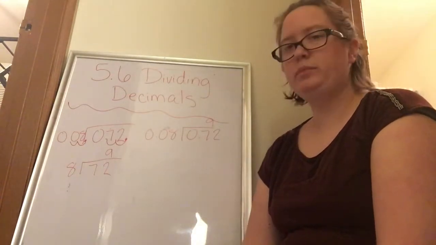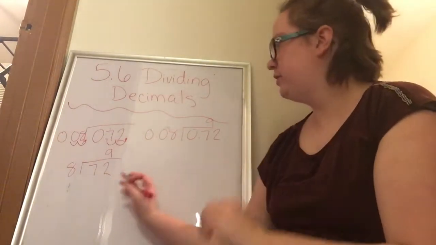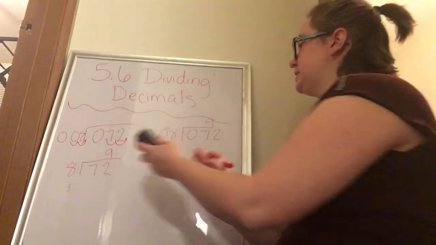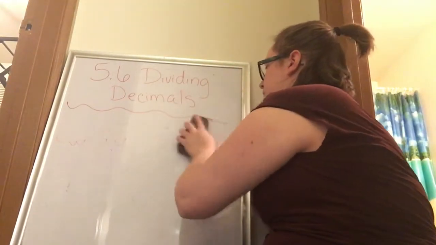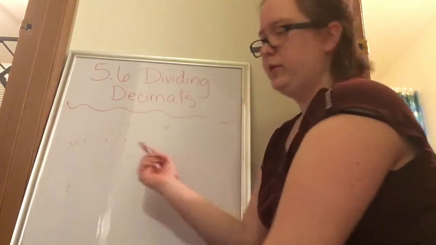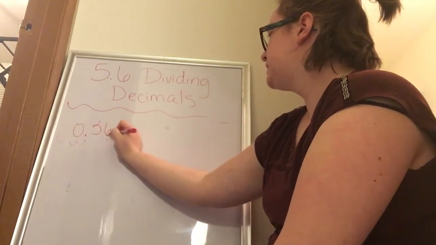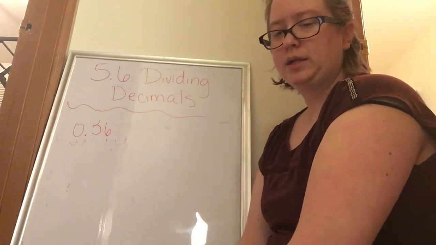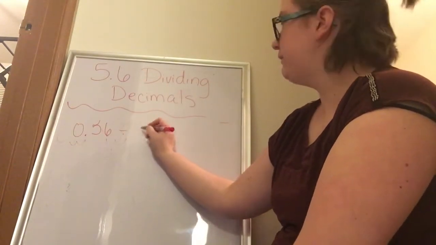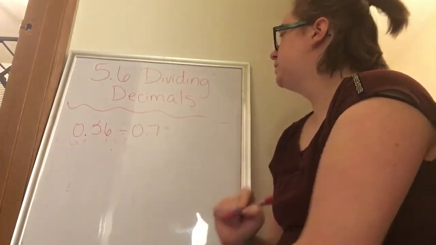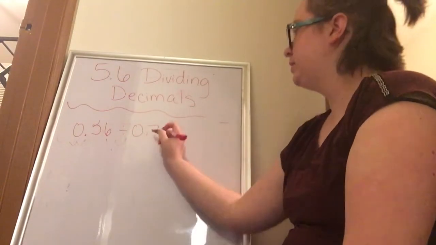Okay? So let's look at a different problem. Go ahead and erase this one. If we are doing 56 hundredths divided by 7 tenths, what we're going to do is make our divisor a whole number.